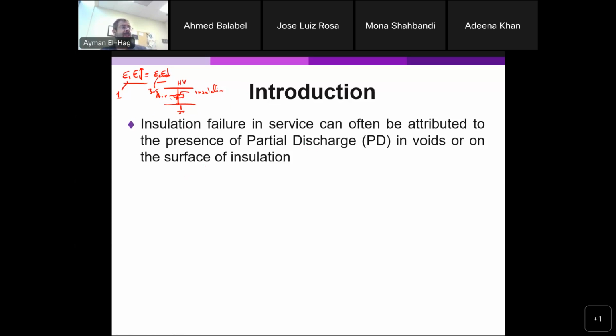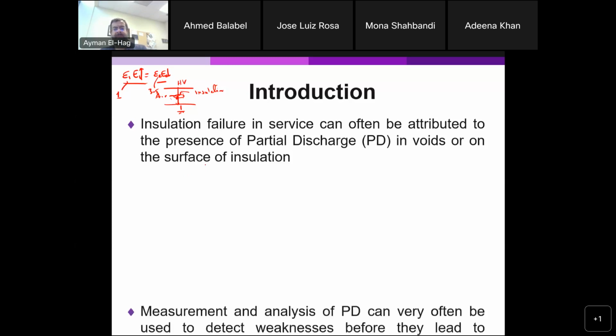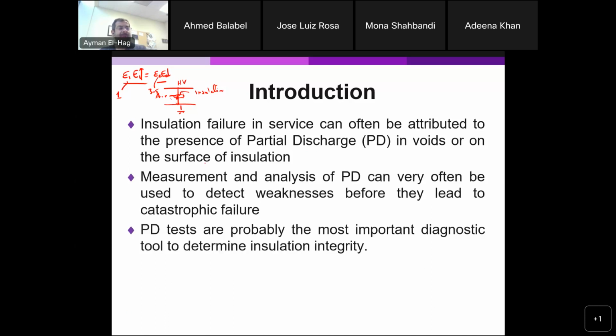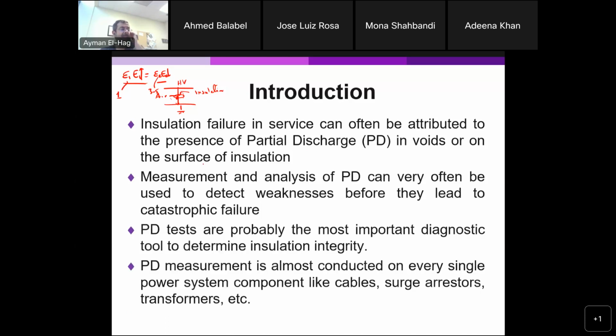Now, for partial discharge, the best way is to detect it at the factory. If any fault or weakness is in the system, you need to detect it at the factory, and you do that test for cables, transformers, insulators, and so on. Sometimes the partial discharge develops on site because of aging and the different stresses in the field.